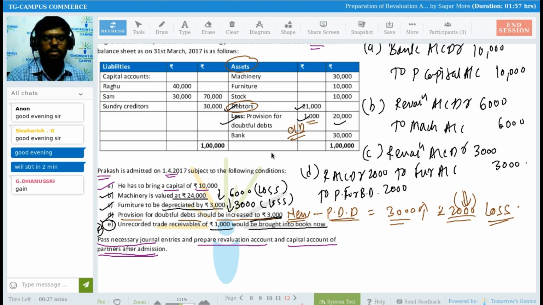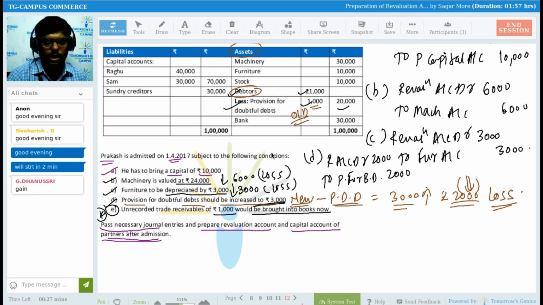Another name for trade receivable is debtor. Trade receivable means debtors and trade payable means creditors.